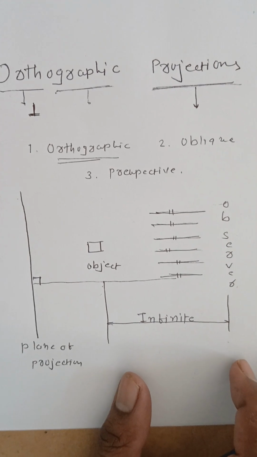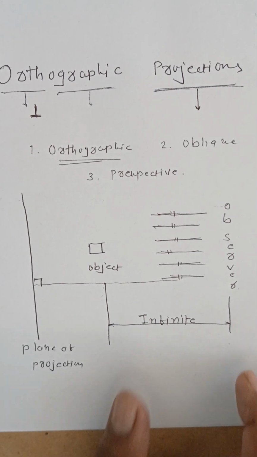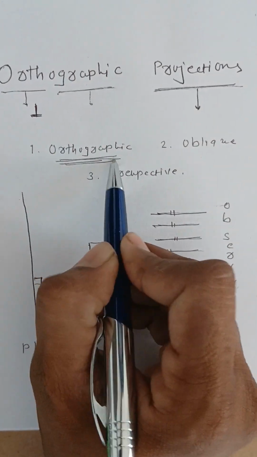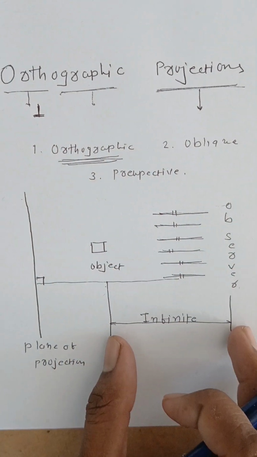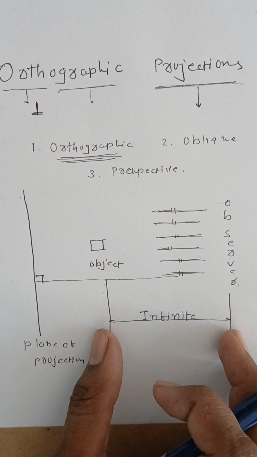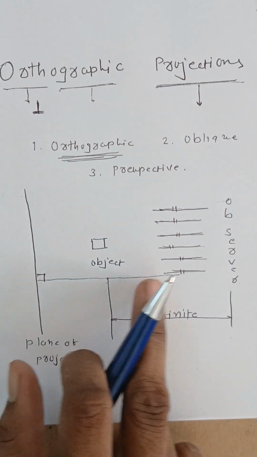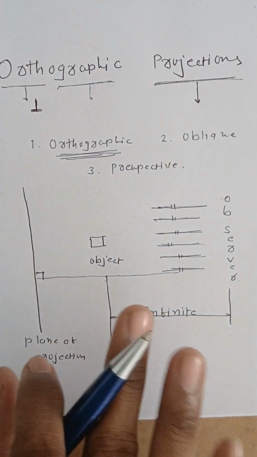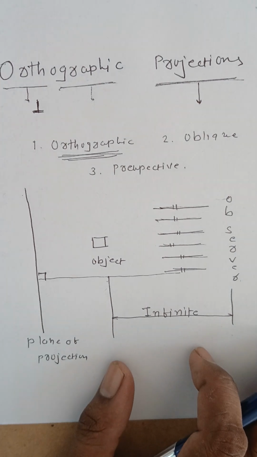Such projection is known as orthographic projection. Clear? So if I need to define orthographic projection, I will say that it is the projection in which the object is at infinite distance from the observer. Rays from the observer are parallel with each other and they are perpendicular to the plane of projection.